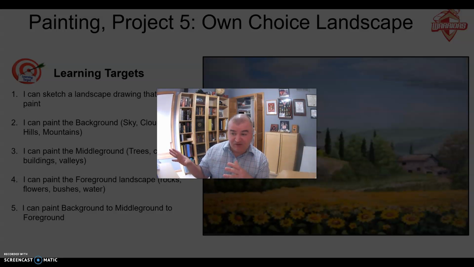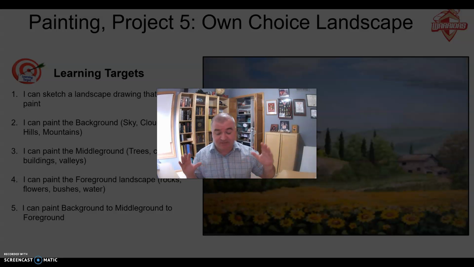I'm going to give you different tools and ways to do it and help you out. But it's got to be something that you want to do. This could be anything, from a starry night to a sunny day to a sunset, up in the hills, up in the mountains, down by the sea, in a rainforest, in a desert, whatever you want.